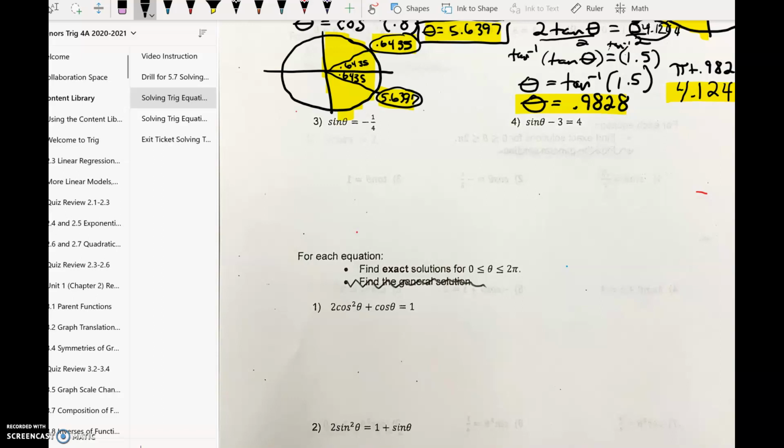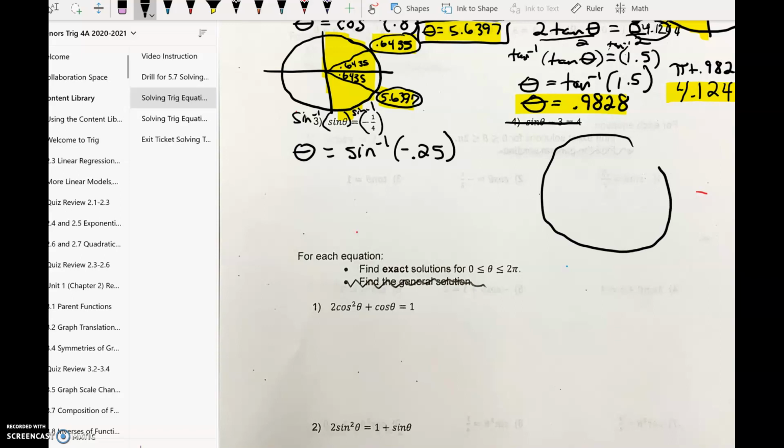When I go to solve number 3, I'm going to take the inverse sine of each side. And I get that theta equals the inverse sine of negative, I'm just going to write 0.25 because I know a quarter is negative 0.25. We're going to be skipping number 4, so I'm going to use this space over here.